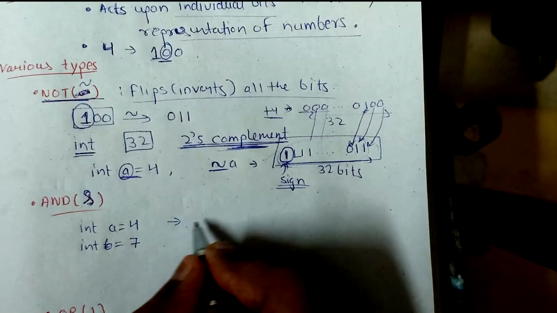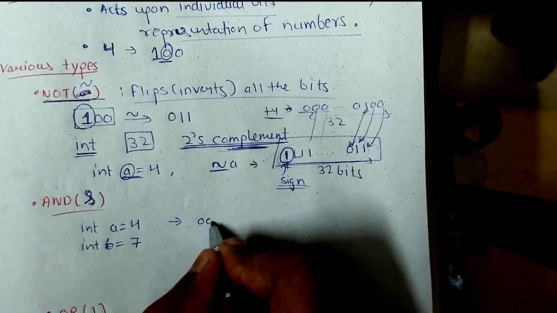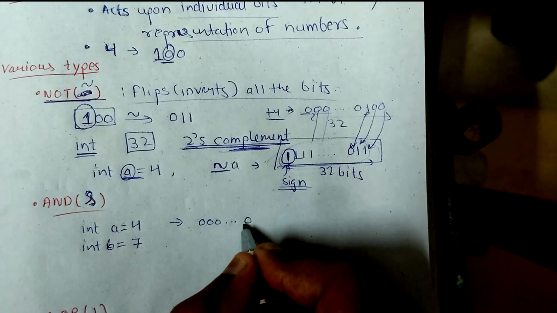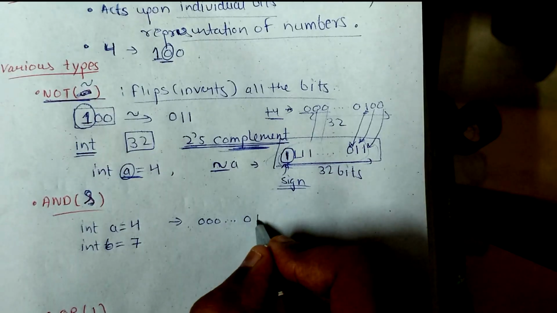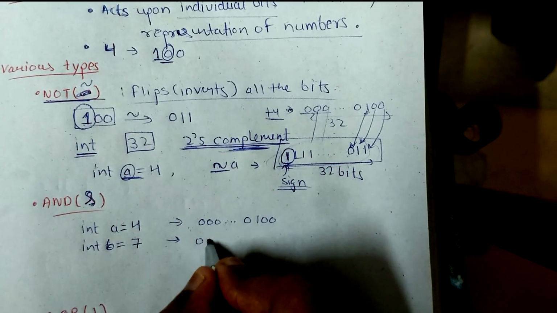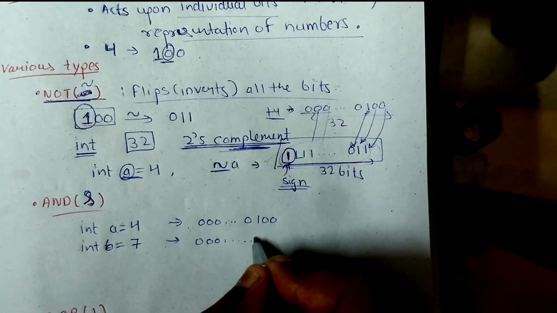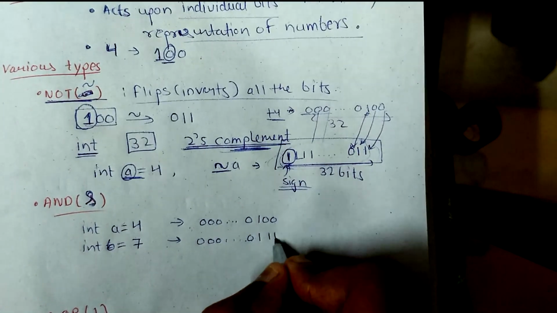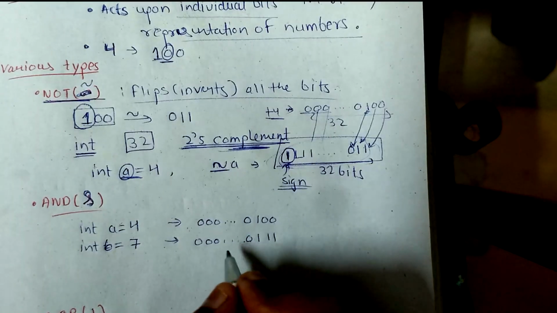So if you convert it into binary, it would look something like this: many zeros and 4. Again, many zeros. So this.